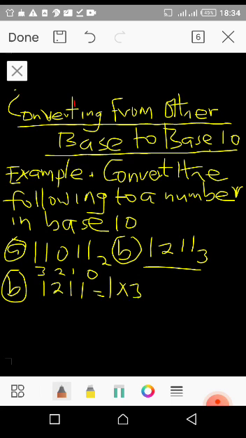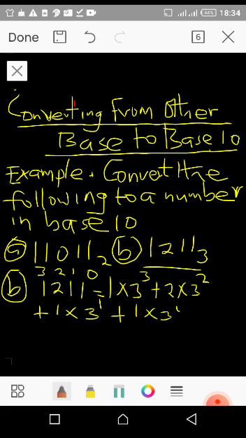That will be 1 times 3 raised to the power 3, plus 2 times 3 raised to the power 2, plus 1 times 3 raised to the power of 1, then I have 1 times 3 raised to the power of 0.